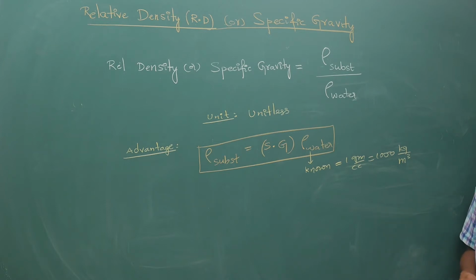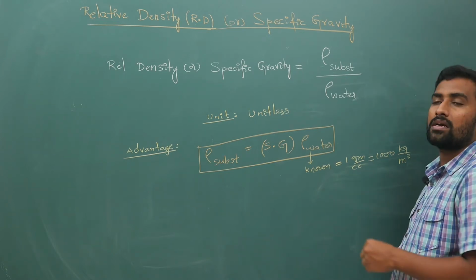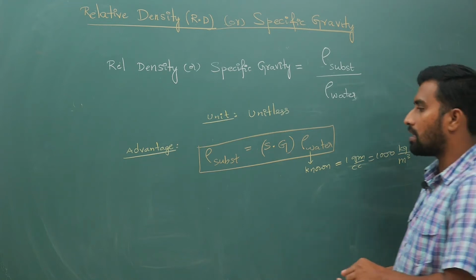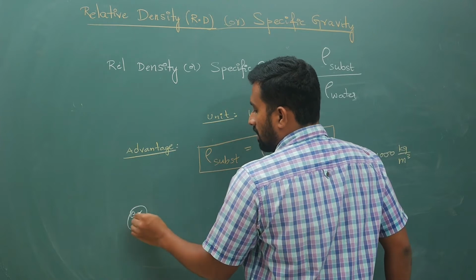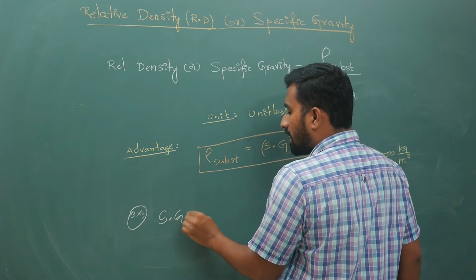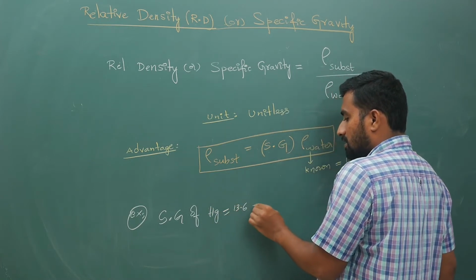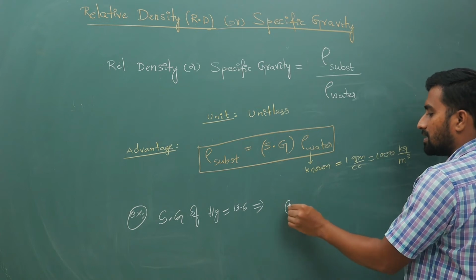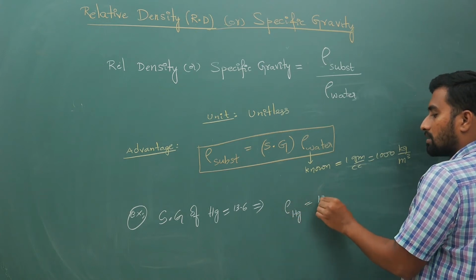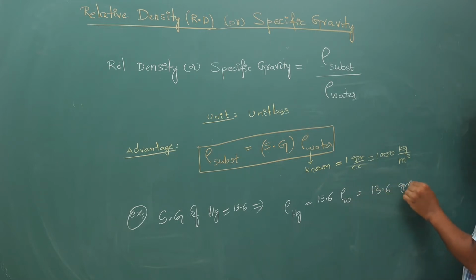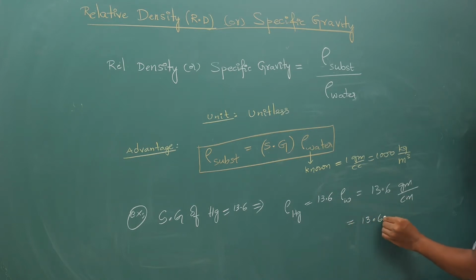Now if you are trying to further calculate other quantities, for example, if I give you specific gravity of mercury is 13.6, that implies your density of Hg will become what? 13.6 times density of water, which is 1 gram per cc, or 13.6 times 1000 kg per meter cube.